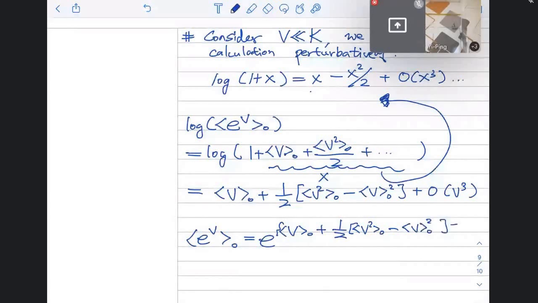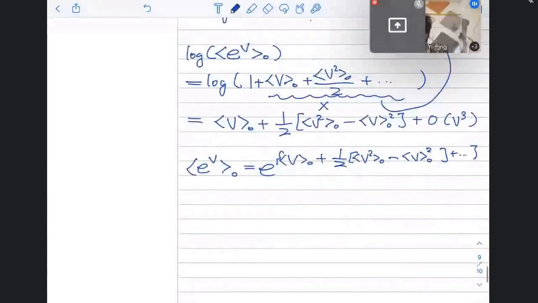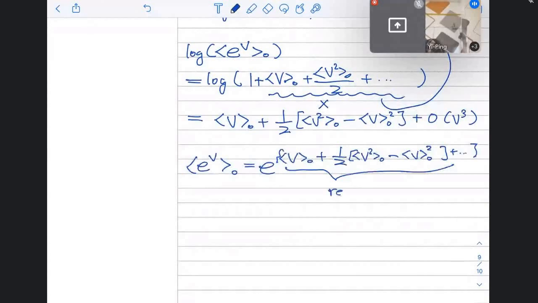Okay, so basically this stuff is going to be related to H prime of Si. Okay, so let us try to be a little bit more precise. So H prime of this Si is the effective Hamiltonian for the block spins.